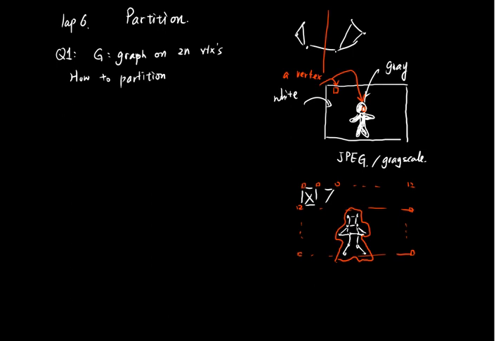How to partition V of G such that it becomes two parts, right? X and Y, such that the edges between X and Y is minimized.